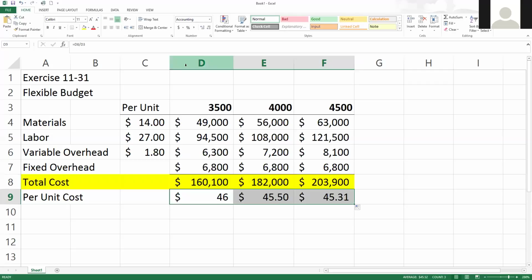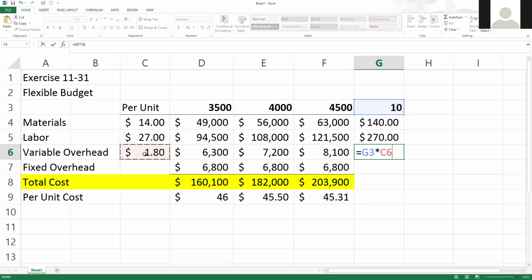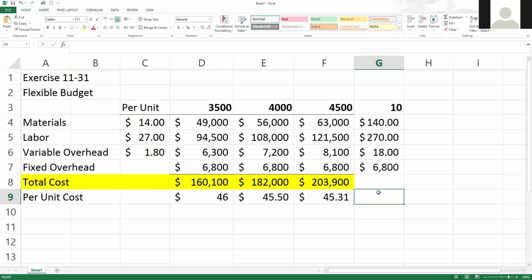To kind of help you see that, I'm going to do a really crazy example. Let's say we make only 10 products. Just a hypothetical story problem, but we can do this easy enough. 10 times $14. So materials would be $140. Labor would be $270. Just a real small amount of variable overhead, $18. But we'd still have $6,800 in fixed costs.